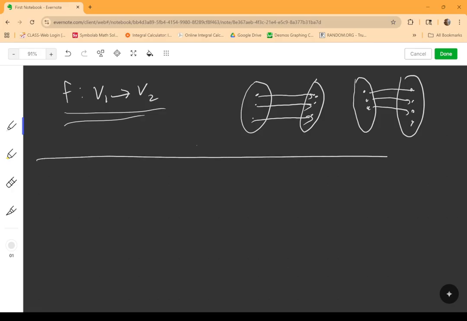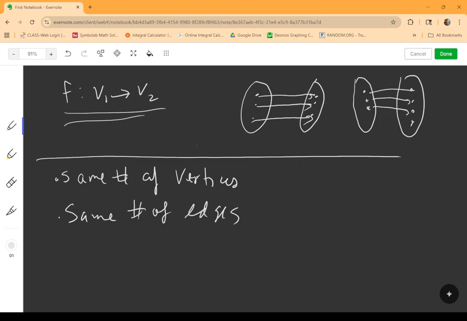Some properties of isomorphisms to keep in mind: because of the bijection that's required, we need to have the same number of vertices, the same number of edges, and the degrees of the vertices must be the same.